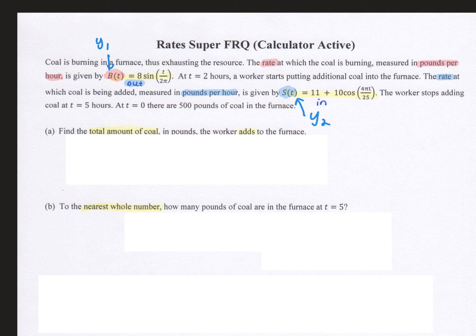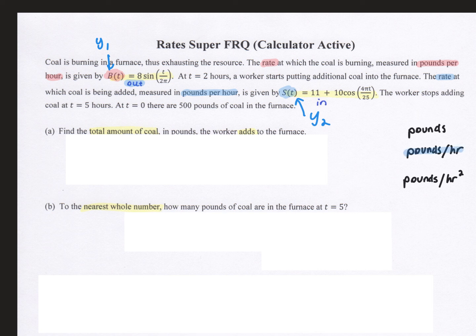In part A, I'm asked for the total amount of coal in pounds that the worker adds to the furnace. Just a reminder of the progression of things. We go from pounds, which is an amount, to pounds per hour, which is a rate, to pounds per hour squared, which is a rate of a rate, also known as acceleration. So these rates given up here are in pounds per hour, so I'm sitting here at this level.